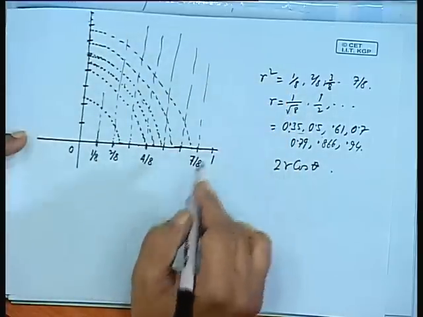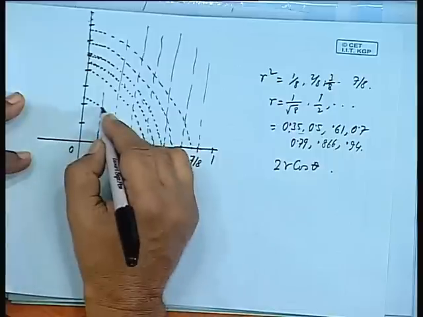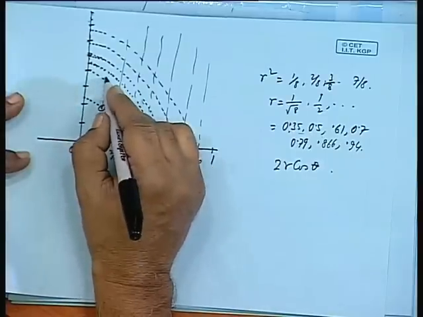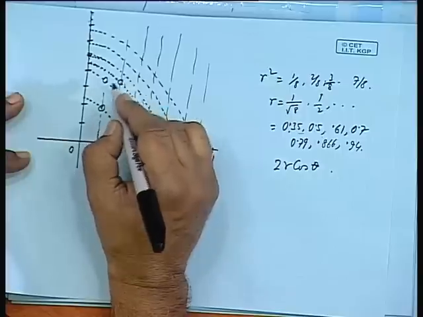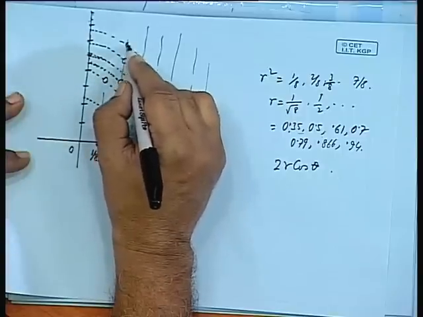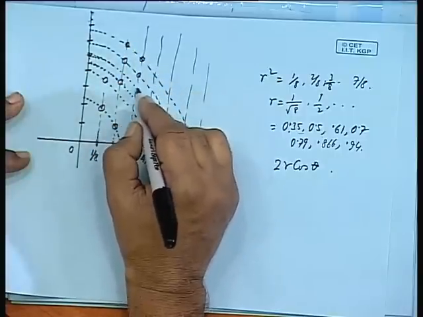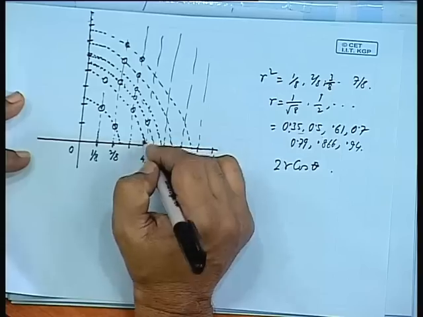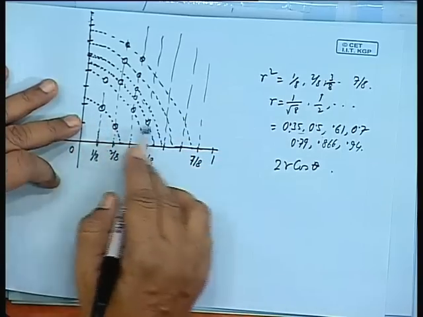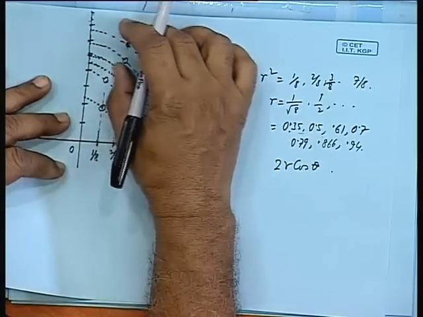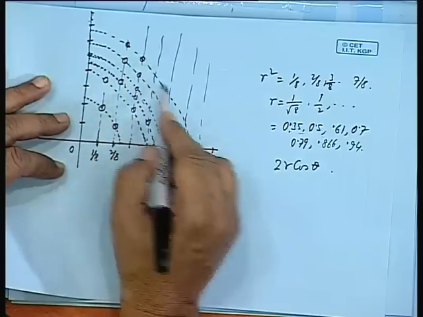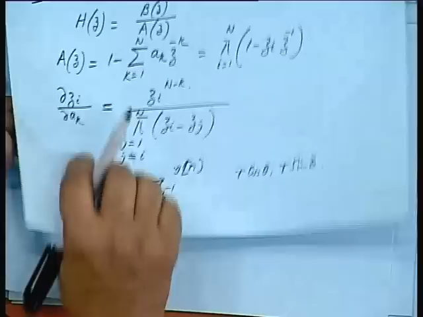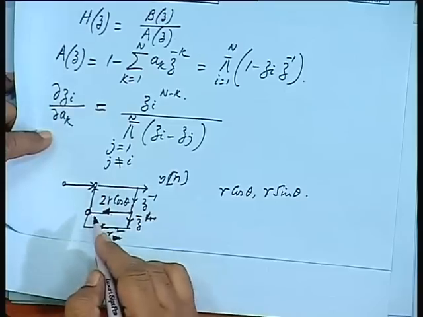I have not drawn the other circles as yet. So, these are the possible values of r cosine theta. You will find in this zone they are rarefied, they are all compressed around this. These are the possible values the parameters can take with this structure.